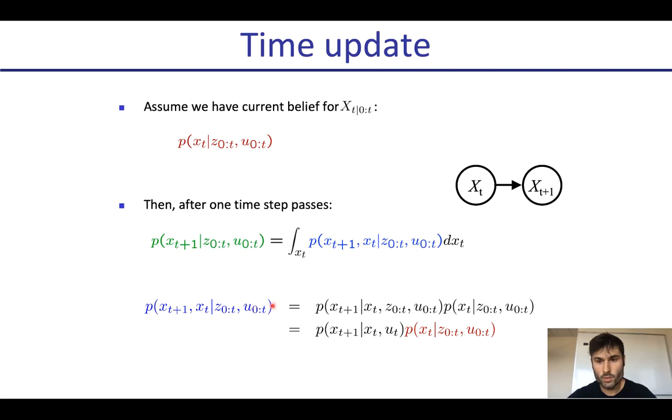If we saw before in the graph, x_{t+1} just depends on x_t and u_t. So we can just throw away all the measurements in this term. The other component is the probability of x_t given all the measurements z and u. This is what we assume that we know at this current time step, so you have this sort of inductive assumption.